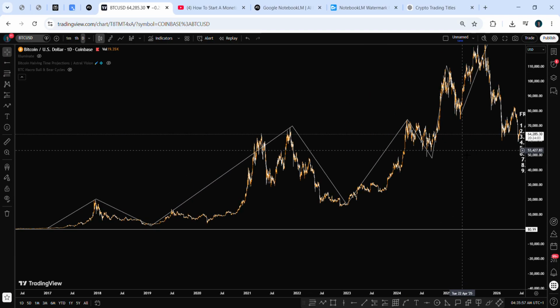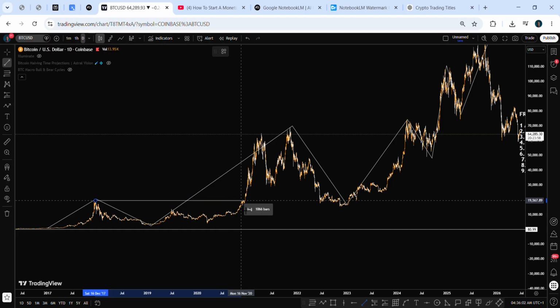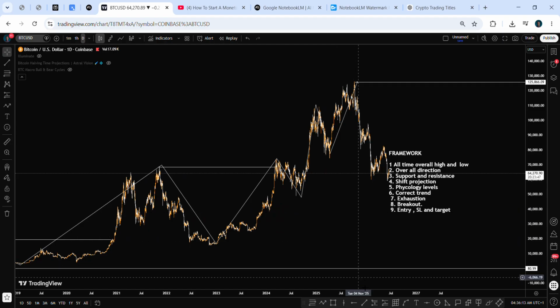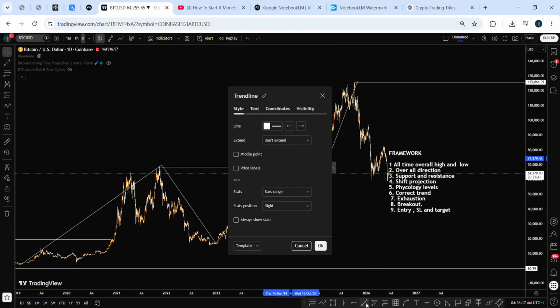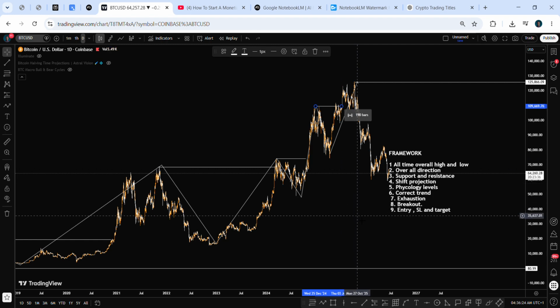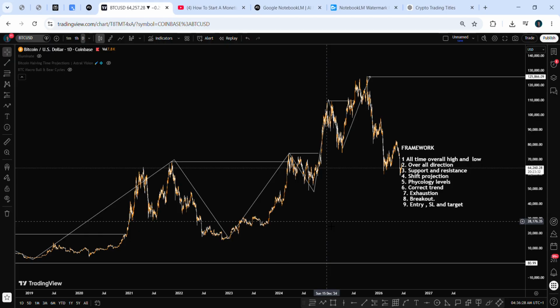You can say price broke structure here, taking the external liquidity, broke structure here again, and here again. The moment price keeps breaking structure to the upside, the market is bullish. To this point, the market is bullish.